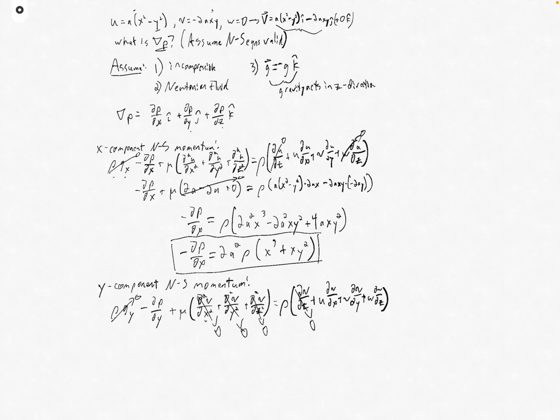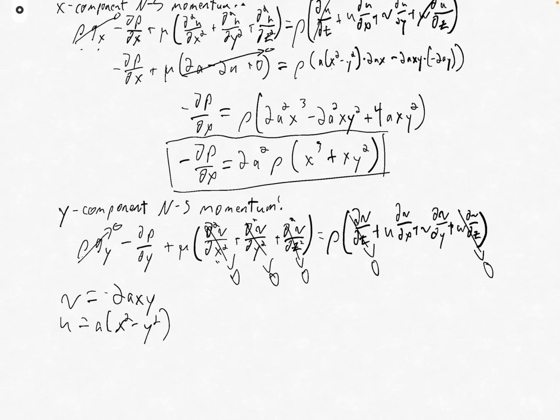And then we end up with plus u dv dx. We're going to have to pay attention to that, and v dv dy. We'll get to that in just a second. And then this last term, w is equal to 0, so this is also 0. So I'm just going to copy down our form here. So we have v is equal to minus 2axy, u is equal to a times x squared minus y squared. And zoom back in and work on this.